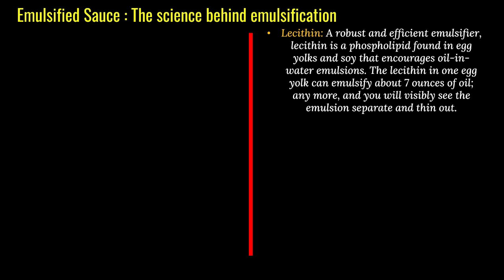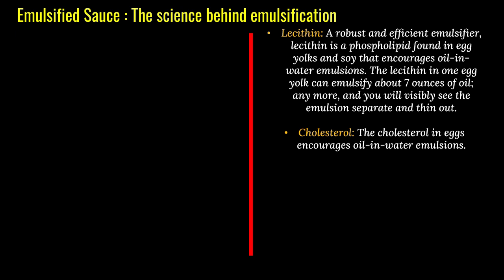It is around 198 grams, approximately 200 grams of oil. With any more oil, you'll visibly see the emulsion separating. So that is the maximum capacity for a standard international egg. In our Indian context, it is lesser, because the standard of Indian eggs is a little lower than the international standards. Clear?